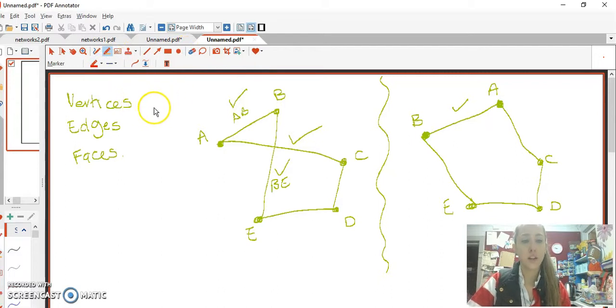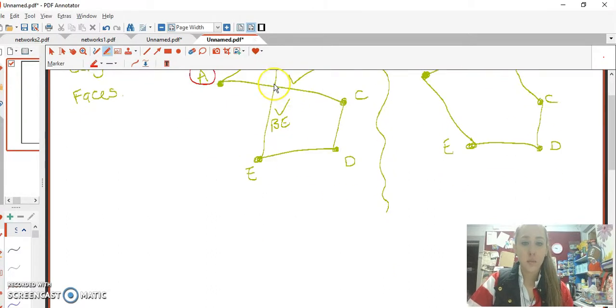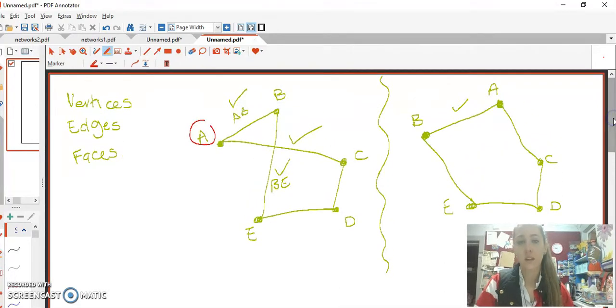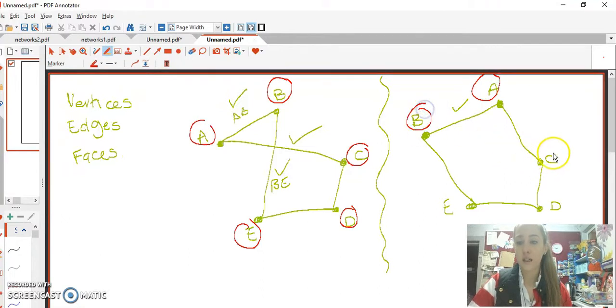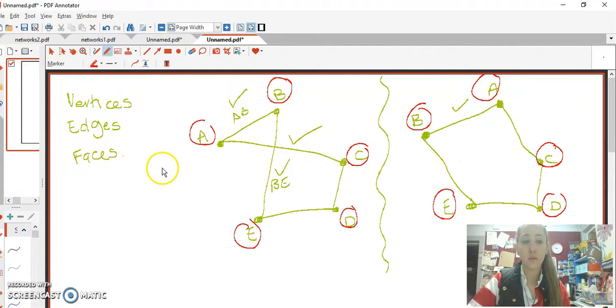So number of vertices, again, remember that's these points. So we've got A, B, C, D, E, and it will be the same as over here, because again, different graphs but same information.